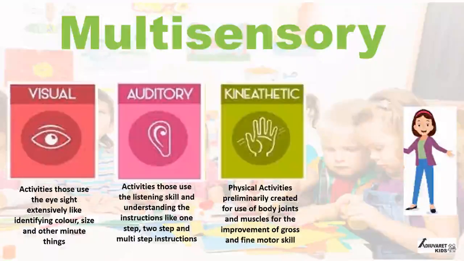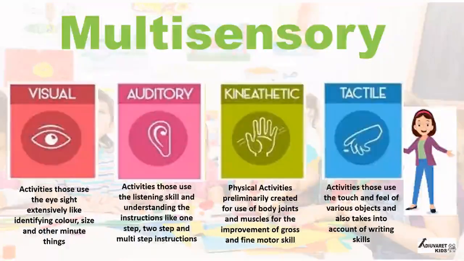As we are aware, gross and fine motor skills are very, very important for a child's movement skills, which may lead to proficiency in various physical professions like sports. These particular activities will make sure your child's gross and fine motor skills are taken care of through these multisensory activities.